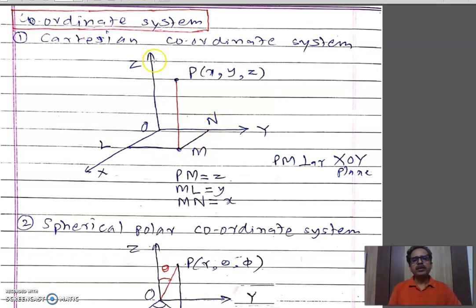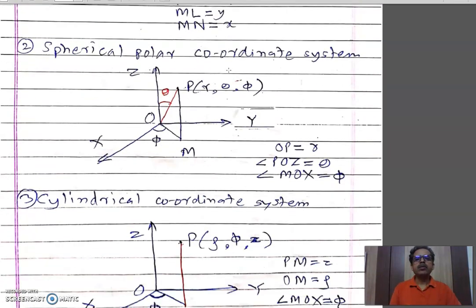Then distance PM is taken as Z, distance ML is taken as Y and distance MN is taken as X. In this way the point P can be represented by three distances X, Y, Z, which constitute the Cartesian coordinates of the point.